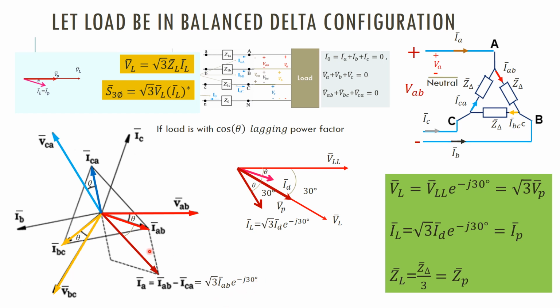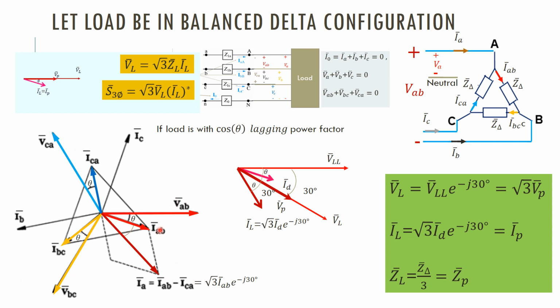So if we draw these things here, you will get a line. This is repetitive for each phase, right? This is A phase, this is B phase, and this is C phase. So we will consider a particular set of voltage and current.